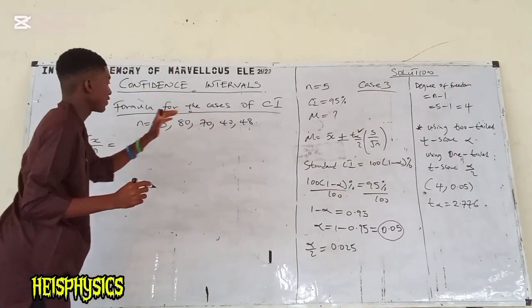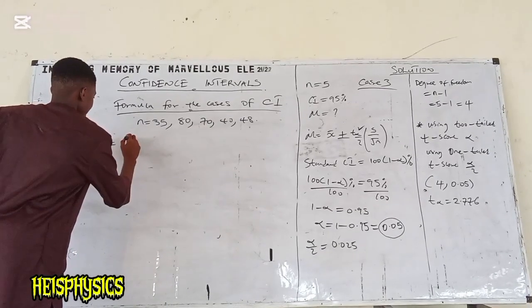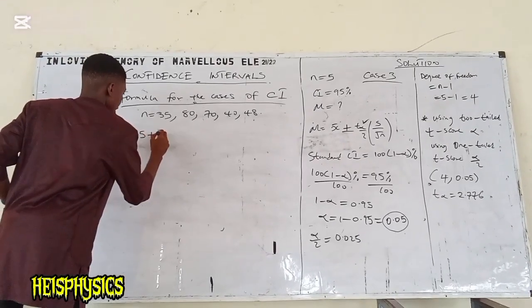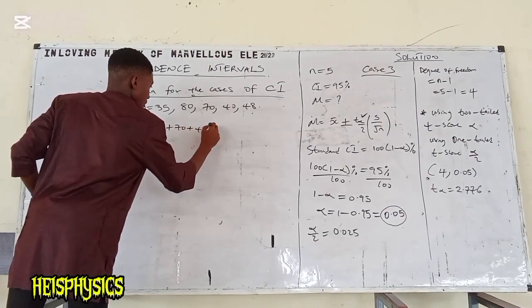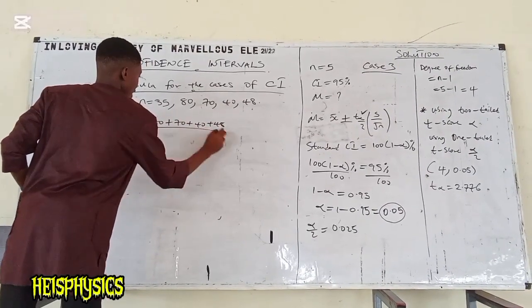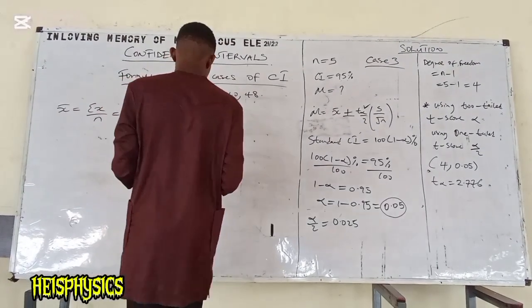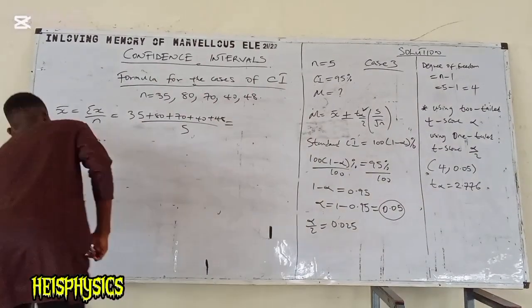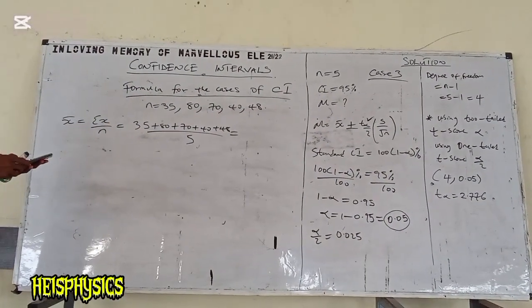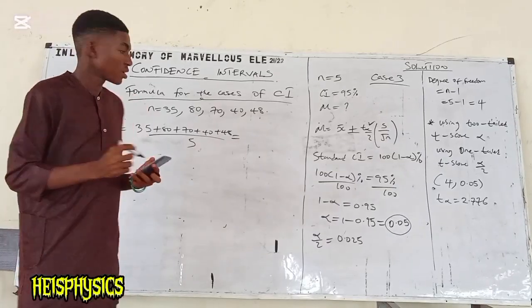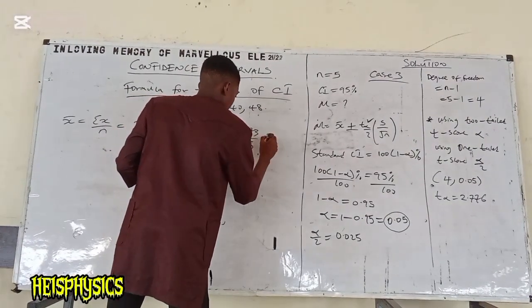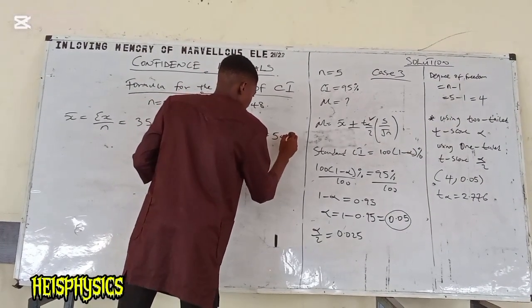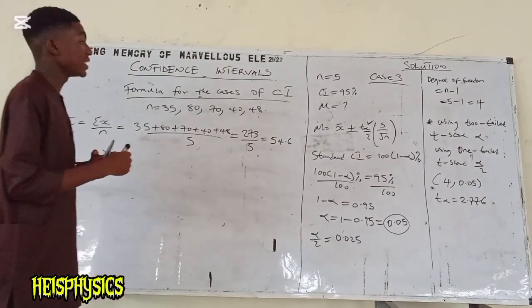Meaning, you sum the values and divide by the total number of values, which is 35 plus 80 plus 70 plus 40 plus 48 all over 5, which is 273 over 5, equal to 54.6. So we have gotten our mean.